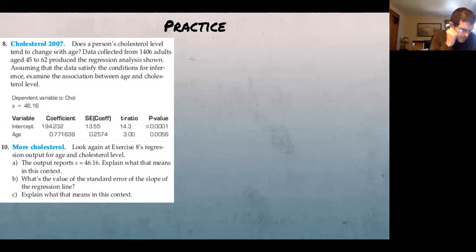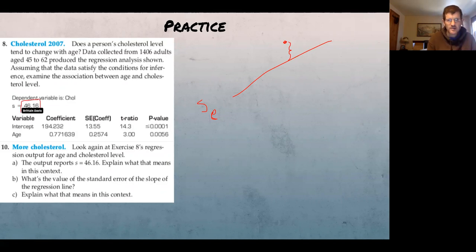The cholesterol level is the response variable. So anyways, S is the same, remember, as S sub E. So this is the standard deviation of our residuals. How far are our actual data points from their predicted one on average? So on average, a person's cholesterol level will be 46.16 off of the predicted value.